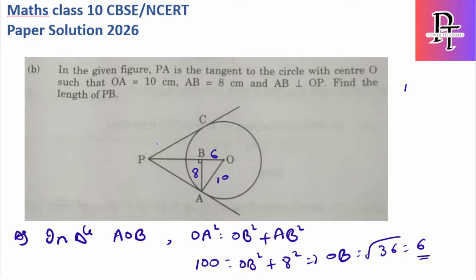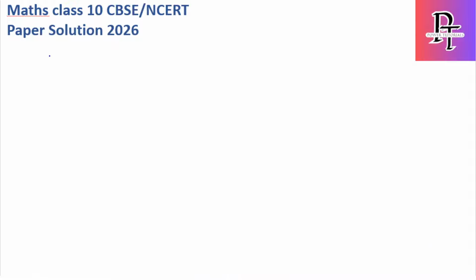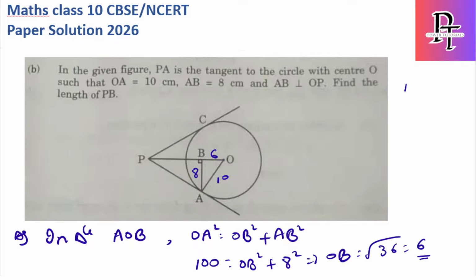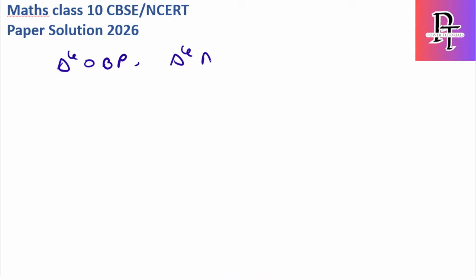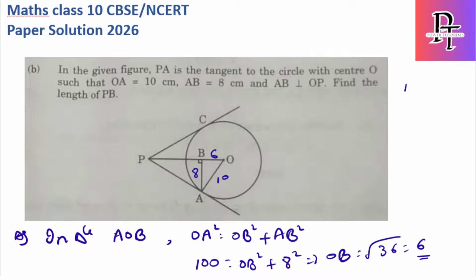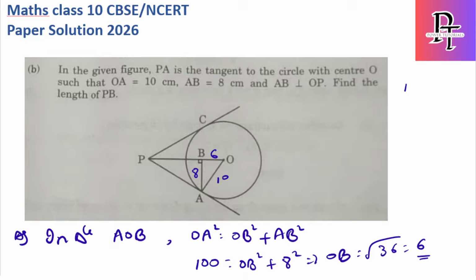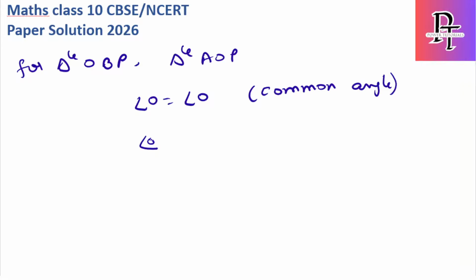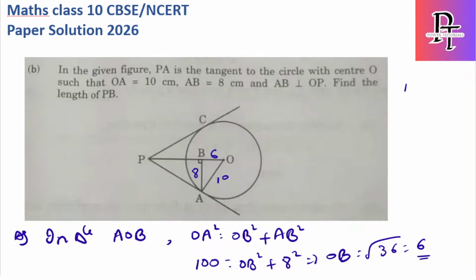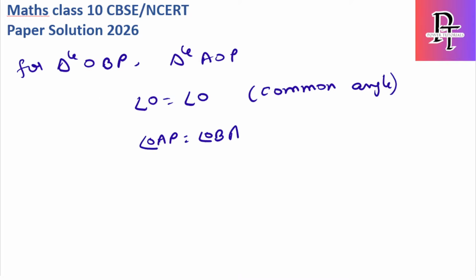Okay, so I have the OB value, but we don't want OB, they are asking for the PB value. So for this we have to take two similar triangles, triangle OBP and the big one, triangle AOP. For these two triangles, I have one common angle, which is angle O. Angle O is equal to angle O, common angle, and angle OAP is equal to angle OBA, 90 degrees.